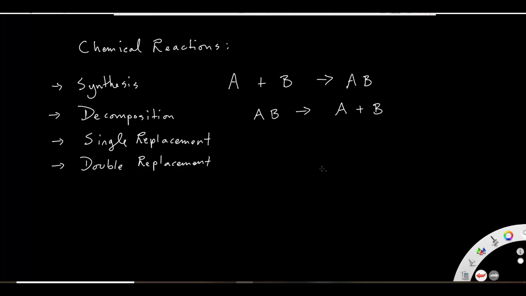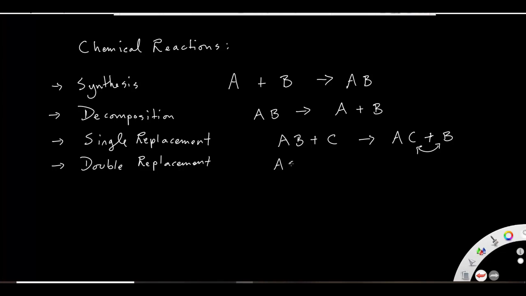Single replacement. For single replacement and double replacement, we're now going to have more than just two. So we may have A and B together, and then another constituent, C. And then after our chemical reaction, we may have A and C plus B. What has happened here is that B has been replaced by C. This is a single replacement.